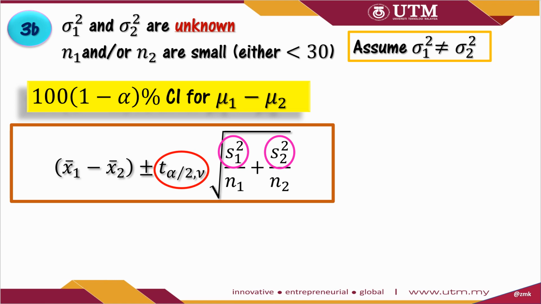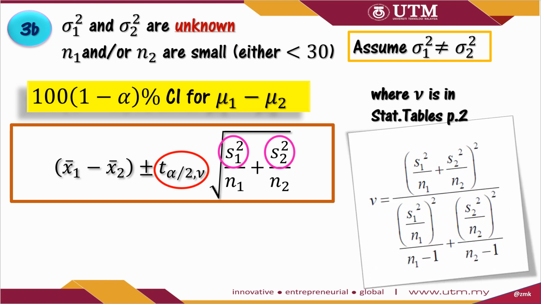Since the unknown population variances sigma 1 squared and sigma 2 squared are assumed to be unequal, the degrees of freedom nu is not straightforward and simple anymore as in case 3a. The formula of nu is given below, which is provided in the statistical tables booklet, page 2.